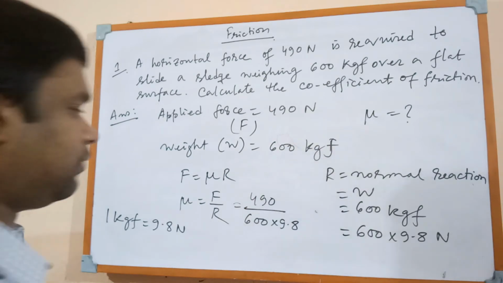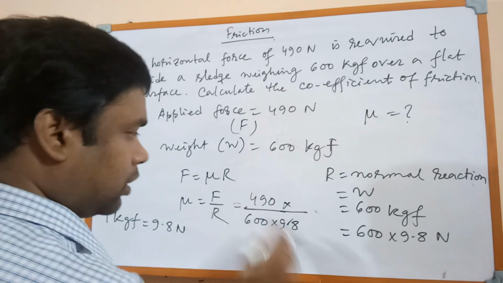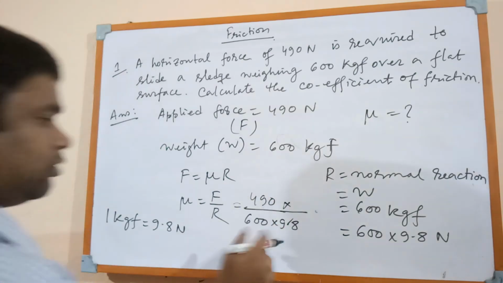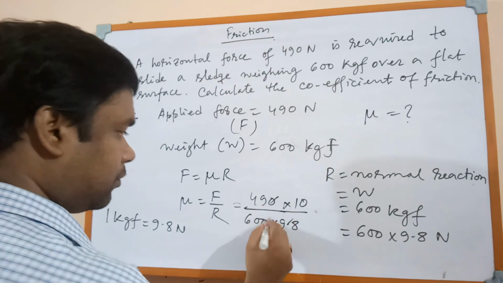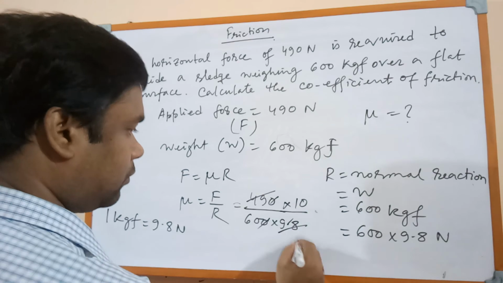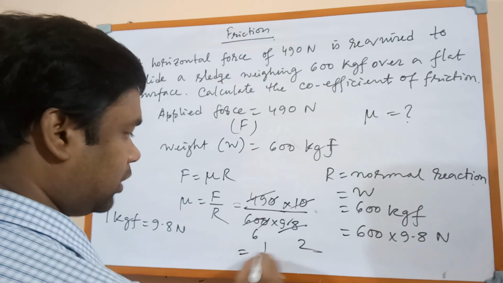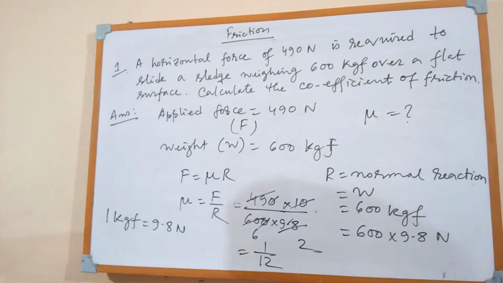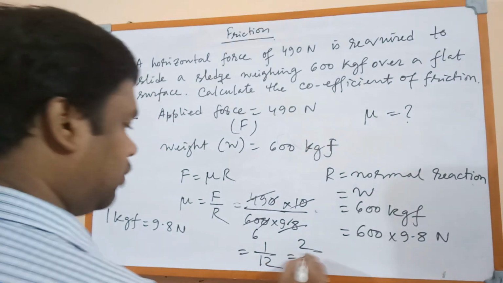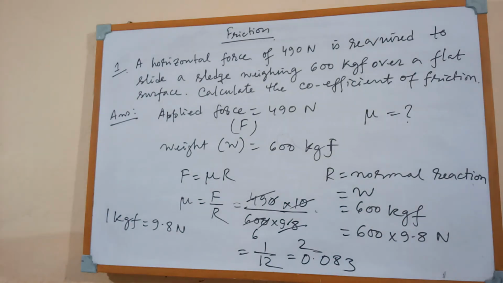So mu equals 490 by 600 into 9.8. Cutting the numerator and denominator, we get 1 by 12, so mu equal to 1 by 12, which is equal to 0.083 by calculation.